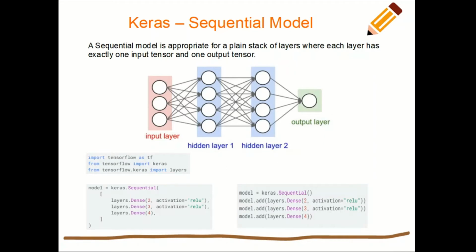So that's why you see this import from tensorflow import keras, and then we can import the layers also. Now there are two ways to create those sequential models. One is basically to pass the list of the layers, as you can see here, and the second way is to basically create an empty model and then use the model.add API to add different layers.